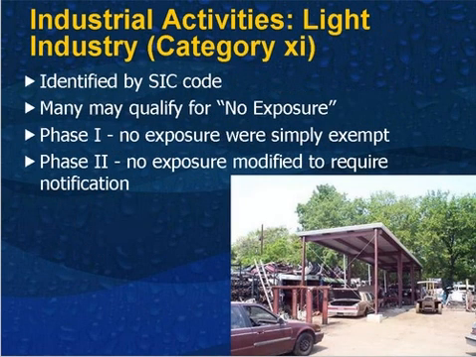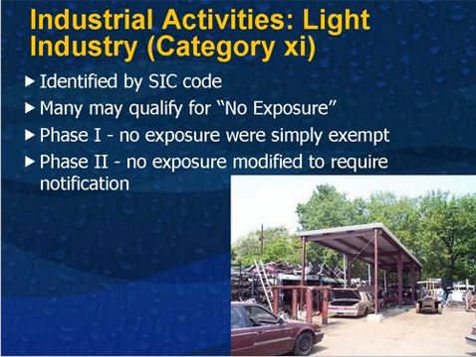However, there is this category of light industrial activity, and what happened in Phase 2 is these facilities were basically exempt. They were told, if you don't think you need a permit, you don't need to talk to EPA, you don't need to do anything. Well, EPA was sued on that and found that these facilities shouldn't be essentially self-certifying that they weren't causing a problem.